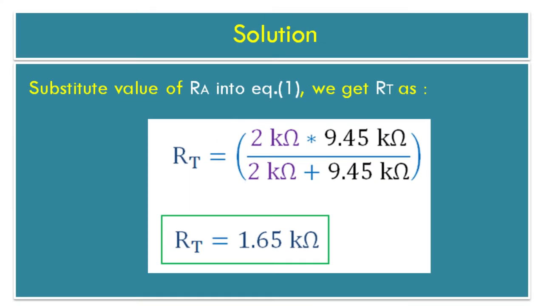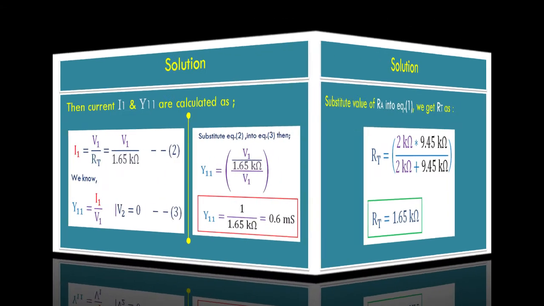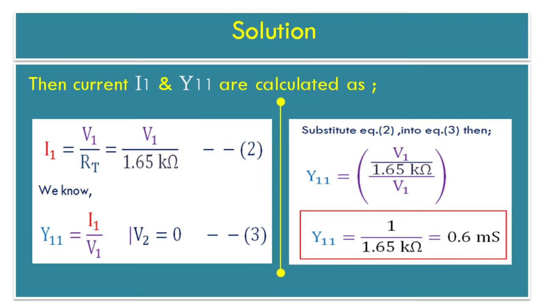After calculation, we get the value of total resistance is equal to 1.65 kilo ohm. Then current I1 and Y11 are calculated as current I1 is equal to voltage V1 divided by total resistance, which is equal to V1 upon 1.65 kilo ohm, which is given by equation 2.